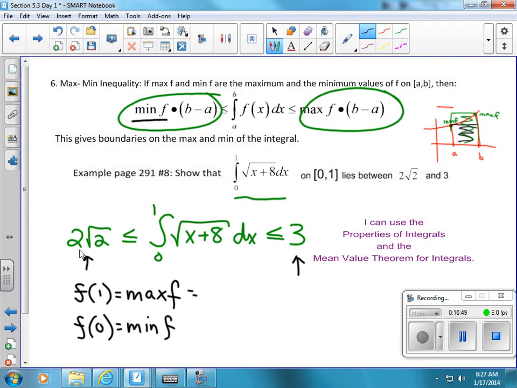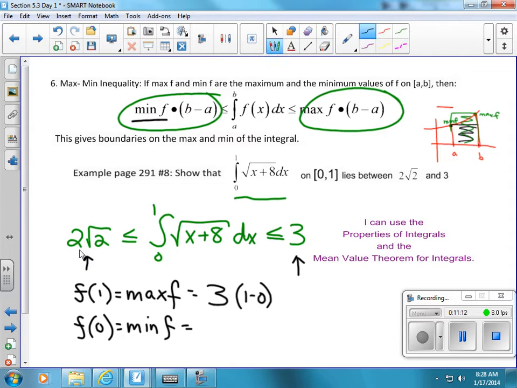Okay, so let's plug a 1 in here. X plus 8, we get square root of 9 times 1 minus 0, which is your dx, which equals 3.